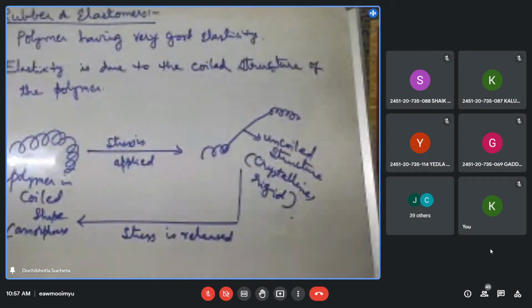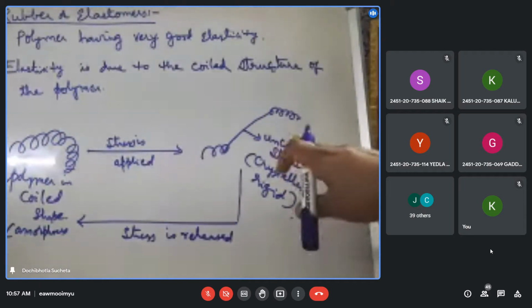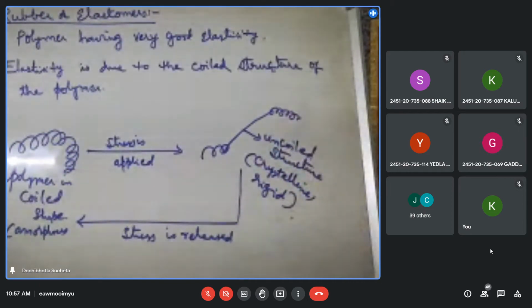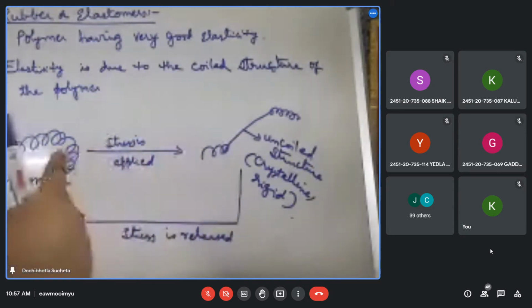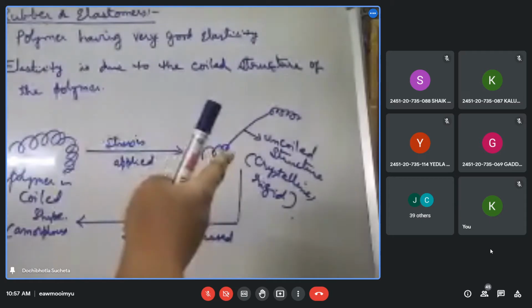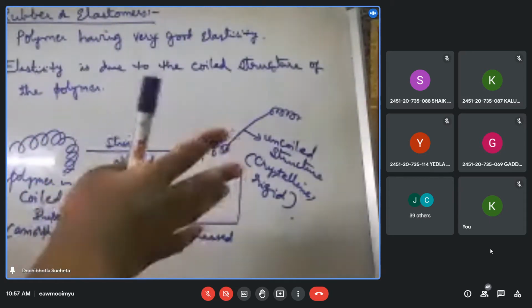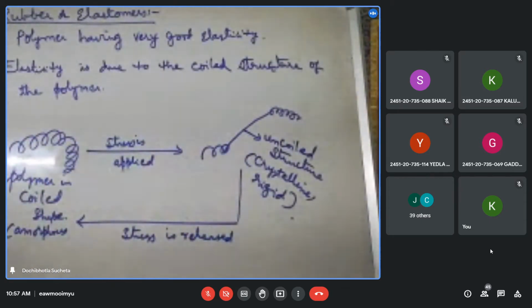But plastics undergo permanent deformation because they are already slightly crystalline in structure. These are highly amorphous compounds. They are always in the coiled state. When stress is applied, uncoiling takes place, and recoiling takes place when stress is released. So they get back to their original shape.